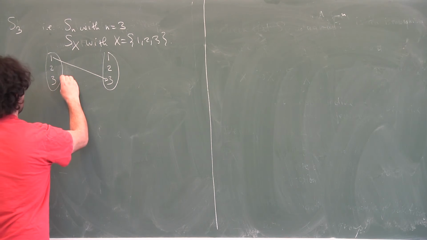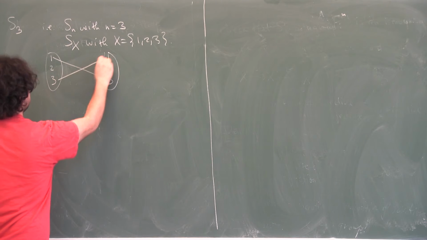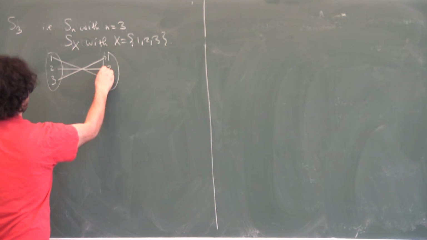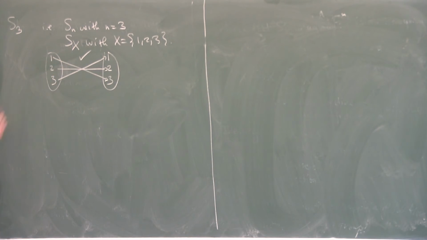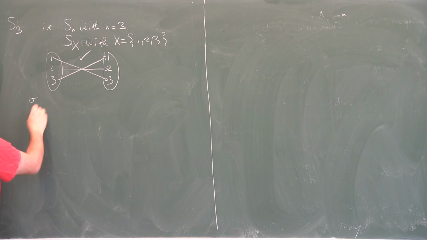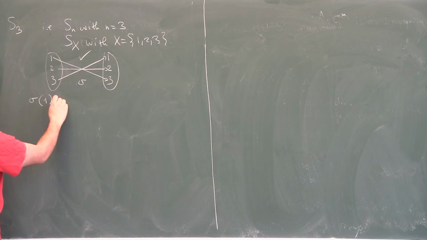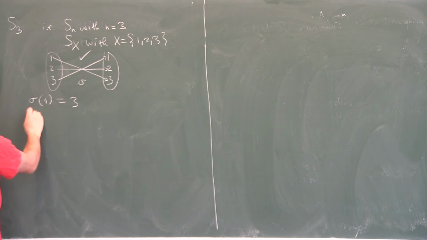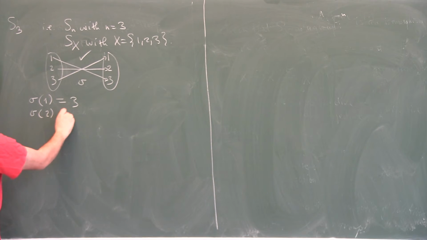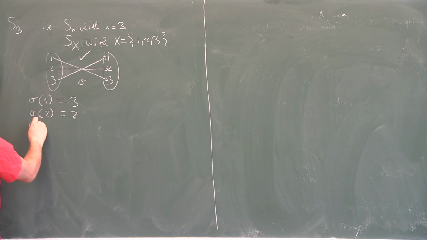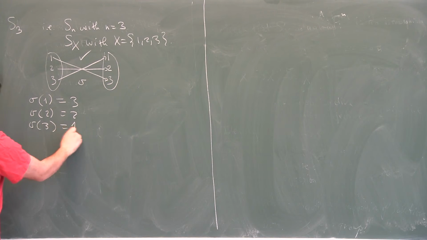So for example, I am allowed to do this permutation where, if I call this sigma, sigma of 1 is 3, sigma of 2 is 2, and sigma of 3 is 1.